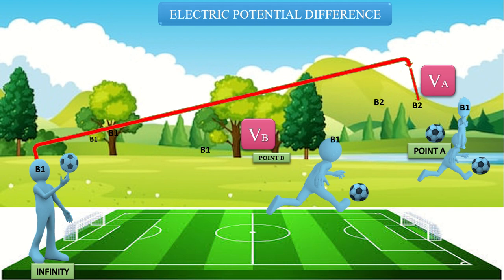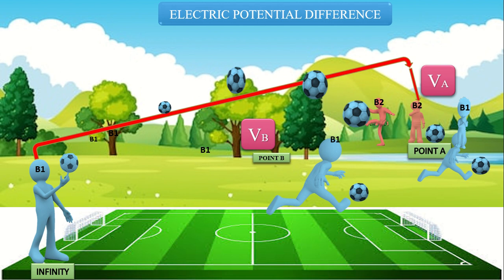Next, what happens? The boy B2 is already at point A position. B2 kicks the charge back to infinity. So B1 has to run all the way to infinity to bring back that charge to point A again.